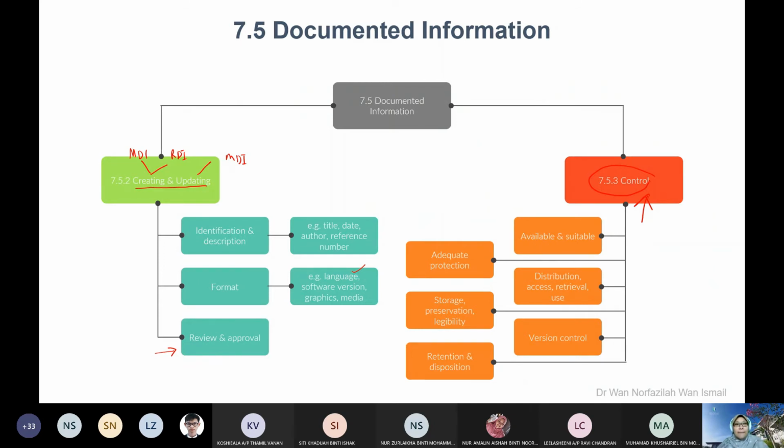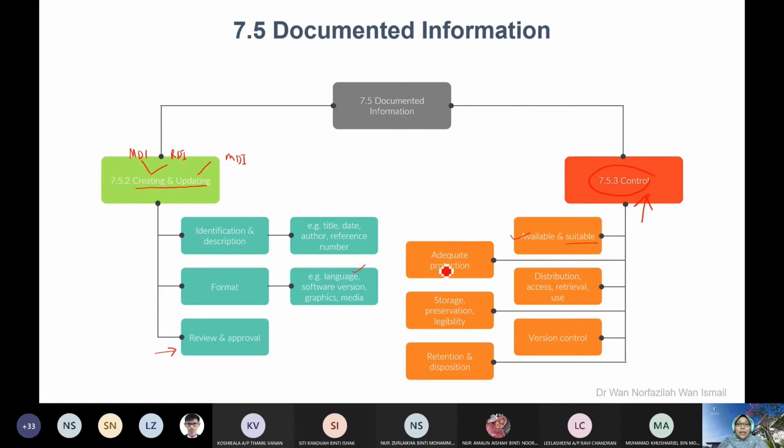Let's say something happens to the lab report you sent to the customer, for example by post, and suddenly the delivery van is submerged in flood water. Now, where do you find it? So you need to make the lab report available and suitable. If they ask for a soft copy, it is suitable as soft copy. If they ask for a hard copy, suitable in hard copy.